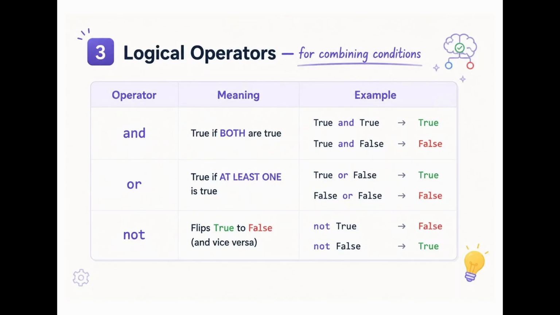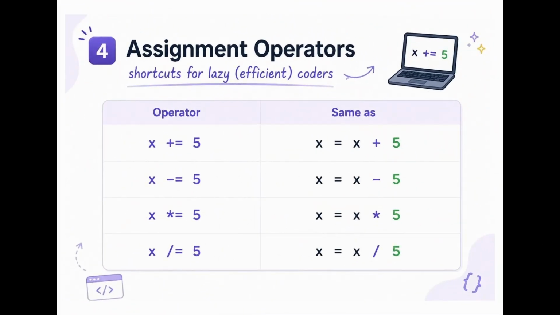Third operator is the NOT operator. It flips true to false and vice versa. If the value is not false, then the answer will be true. Fourth operator is the assignment operator, a shortcut for lazy but efficient coders. First is x plus equals 5, which means x equals x plus 5.